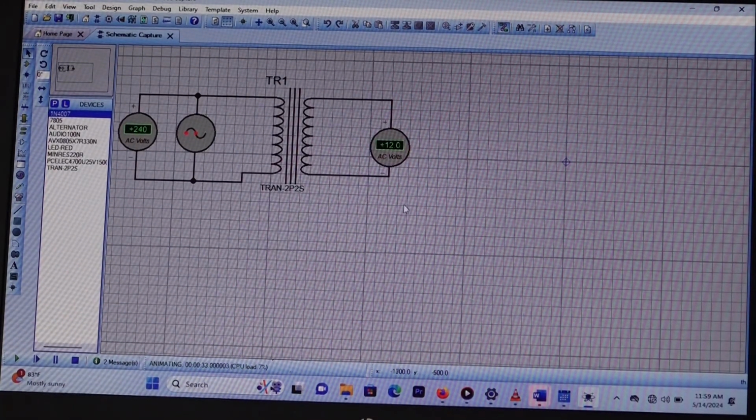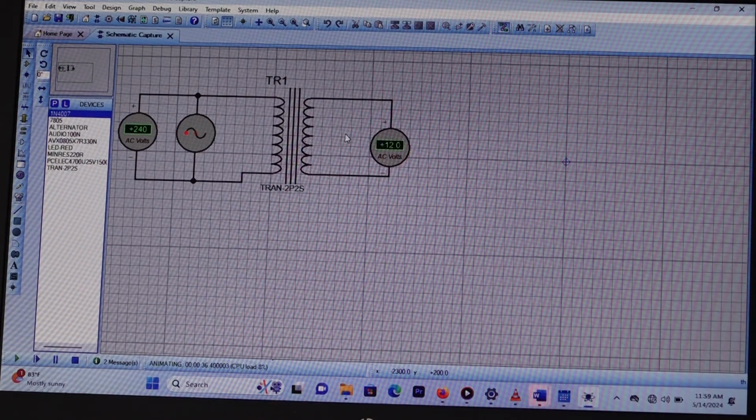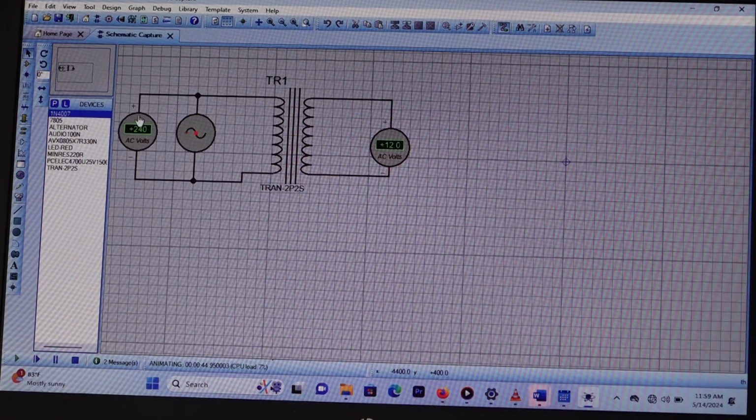Okay, so this time we have implemented the first block, where we have our step-down transformer and the input root mean square voltage is 240 volts. You may note it in your table of results.